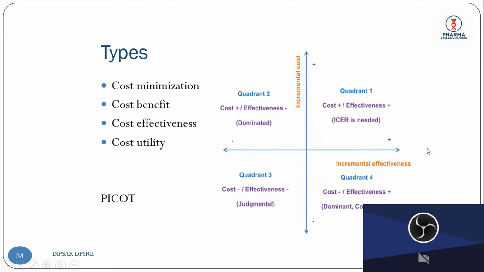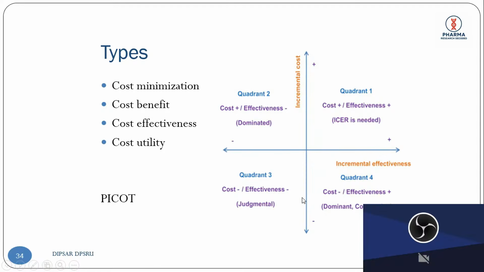Now you can see quadrant 1, quadrant 2, quadrant 3, quadrant 4. In quadrant 1, the cost of the medicine is high and effectiveness is also high, right? Another scenario is cost is more, effectiveness is less. Another is cost is less, effectiveness is less. Another is cost is less, effectiveness is more.